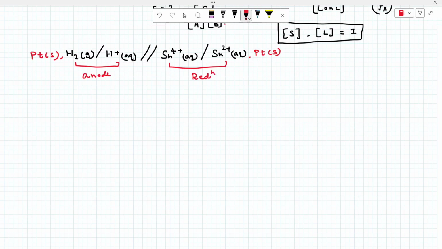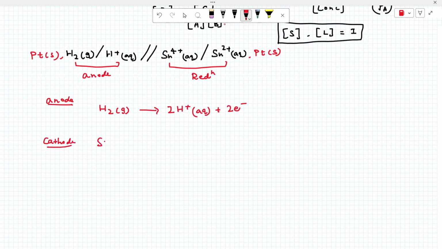Now, using the cell representation, I am going to write the cell reaction. This H2 becomes H plus. Therefore at the anode, very simple, the H2 gas loses 2 electrons to become H plus aqueous, plus 2 electrons. That is the anode compartment. In the cathode compartment, reduction, what is the reaction?